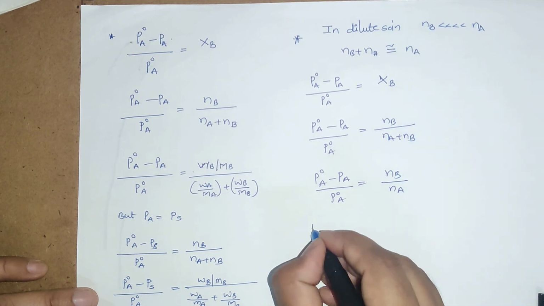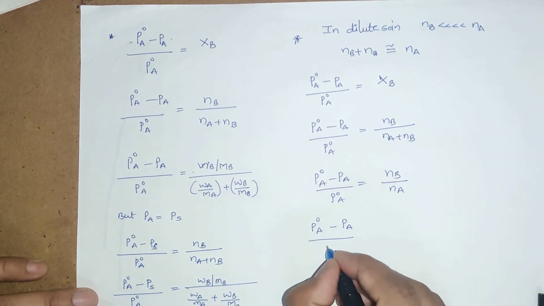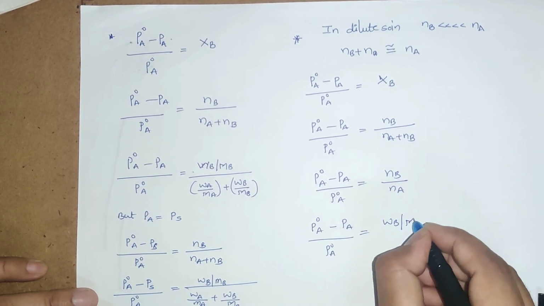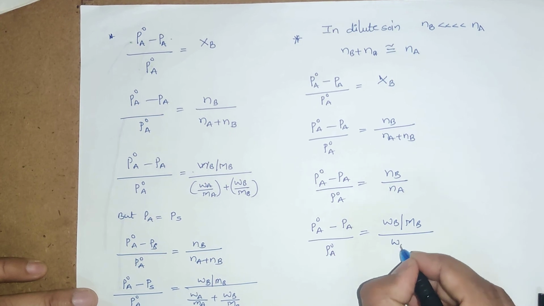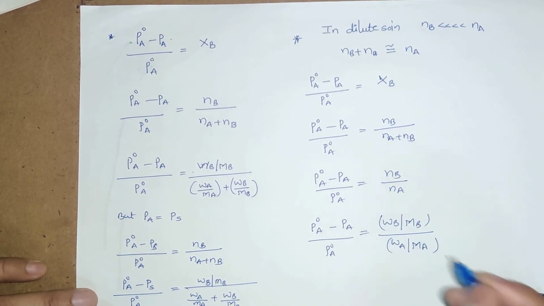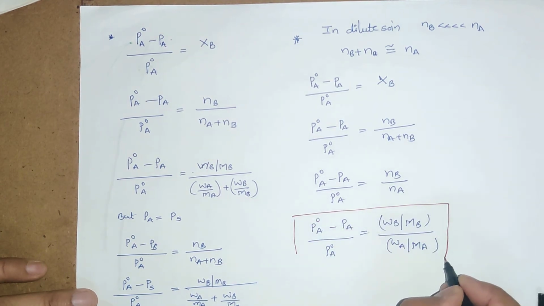So (P naught A minus Pa) by P naught A is equal to Wb by Mb by Wa by Ma. Using this formula we can determine the molar mass of a solute.